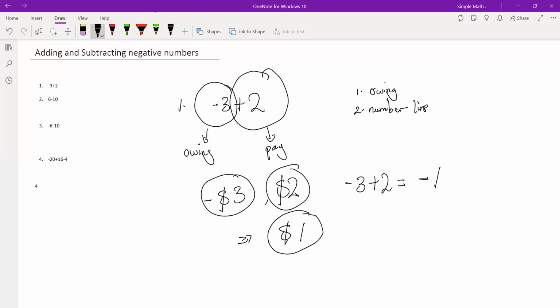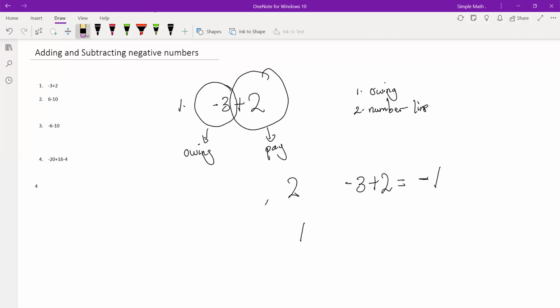Or let's say you go to a store, for example. You see something that costs $3, like a snack, just any snack that costs $3, and you say, you know what, I'm going to pay.